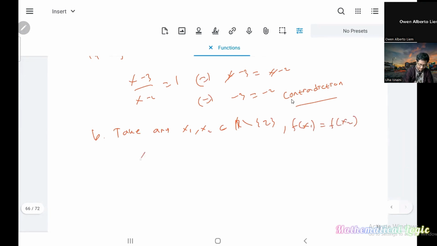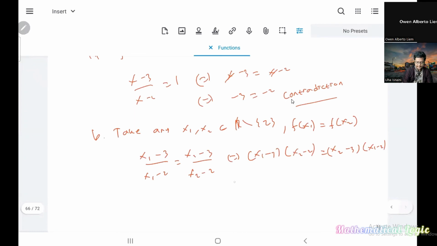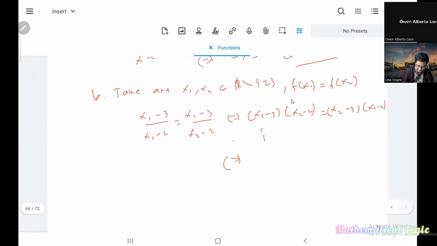So we have (x1 minus 3) over (x1 minus 2) is equal to (x2 minus 3) over (x2 minus 2). This implies (x1 minus 3) times (x2 minus 2) is equal to (x2 minus 3) times (x1 minus 2). And so on. We will get x1 times x2 on both sides, so this will be canceled out.